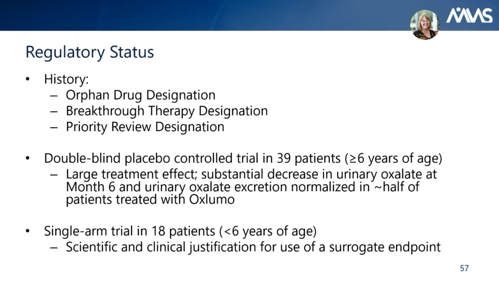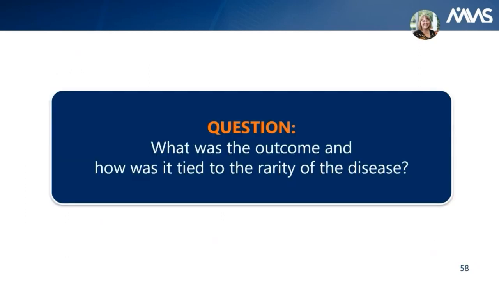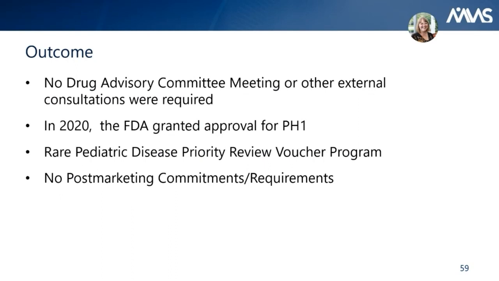However, what they found was there was a similar reduction in urinary oxalate, and there was a time course that was generally consistent with the finding in the first controlled trial. So this leads us to the question, what's the outcome? What did the FDA decide, and how is it tied to the rarity of this particular disease? So Oxlumo was approved for treatment of primary hyperoxaluria type 1.